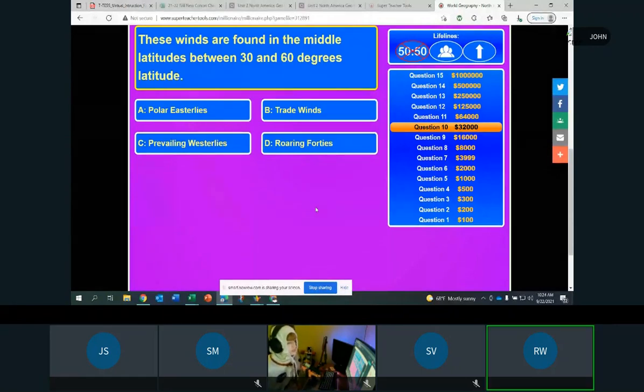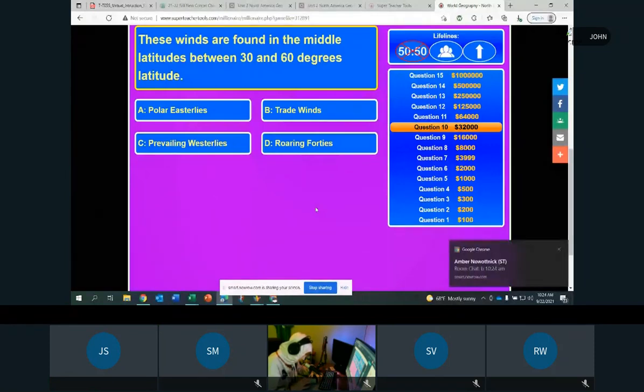These winds are found in the middle latitude between 30 and 60 degrees latitude. Polar easterlies, trade winds, prevailing westerlies, or roaring forties? These are the ones that we talked about that have a lot to do with our weather climate here in the United States. Wow.